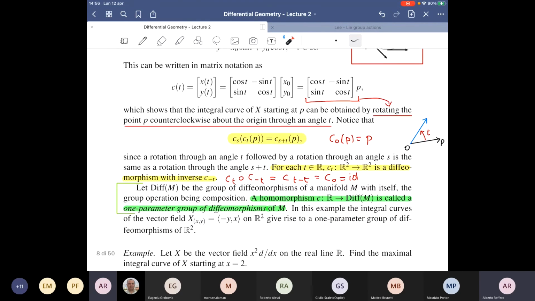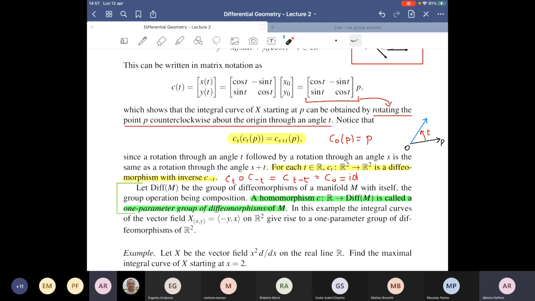And in fact, more generally, this is an instance of what is called a one-parameter group of diffeomorphisms of a manifold. So in the general case, once you have a smooth manifold, you can consider the so-called group of diffeomorphisms of the manifold, which are just smooth diffeomorphisms of N with the group operation, which is composition of smooth maps. I shall say something more in detail in a while.